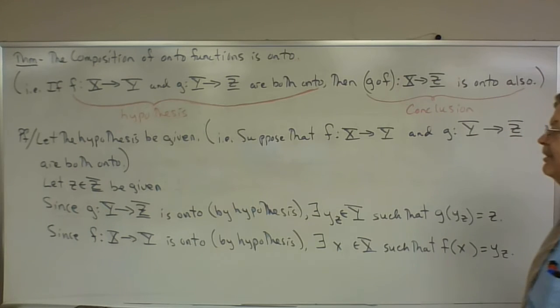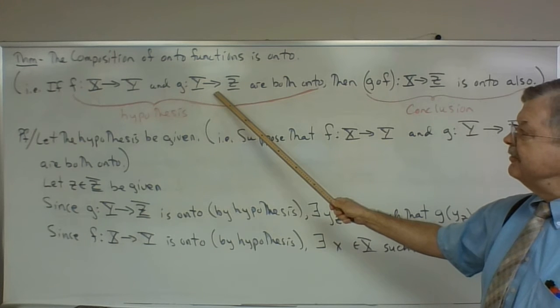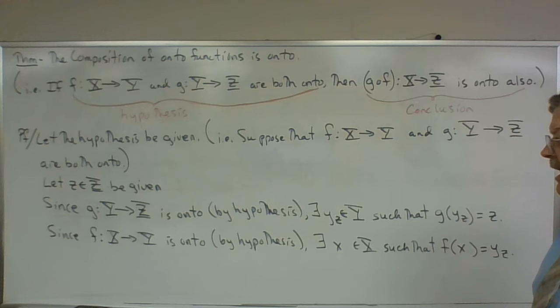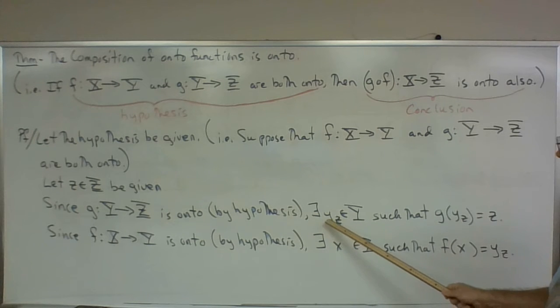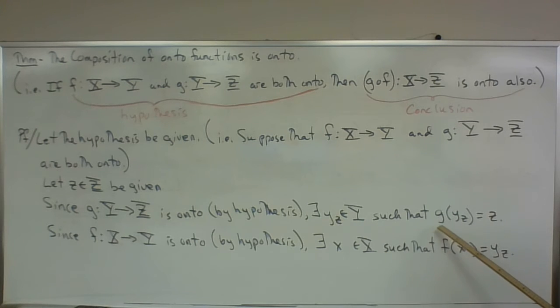And what can we do with our hypotheses? Well, part of our hypothesis is that g from Y to Z is onto. And since it is, there exists an element, and we'll call it y sub z, in Y, such that g evaluated at y sub z equals little z.